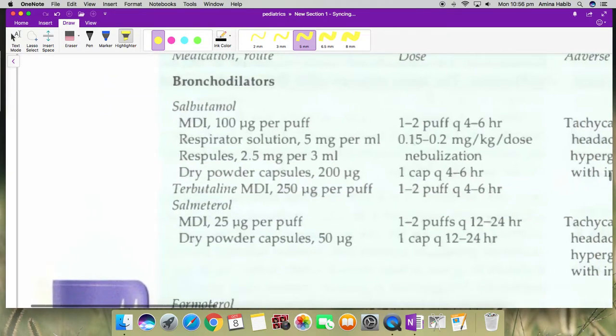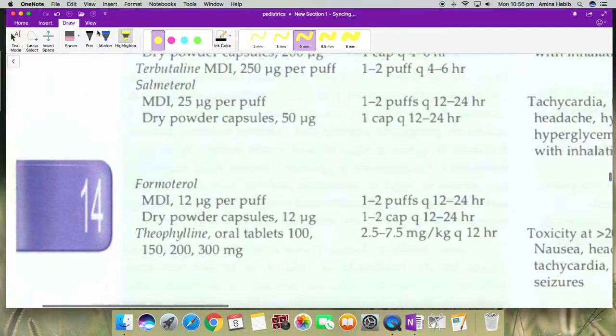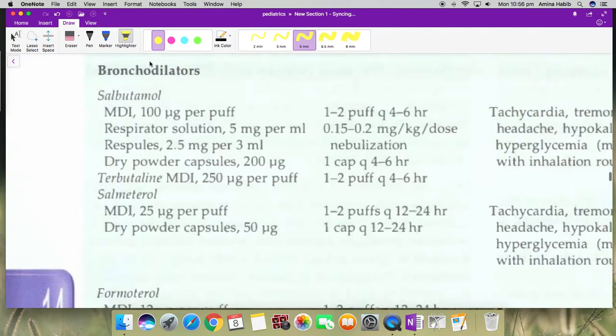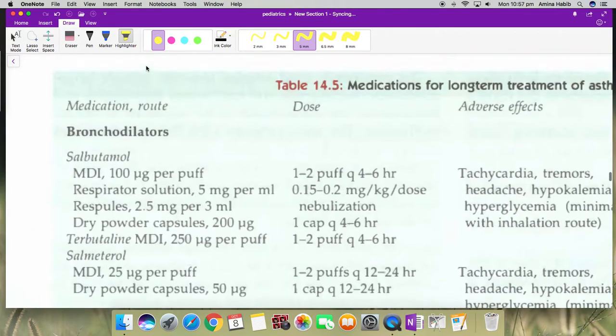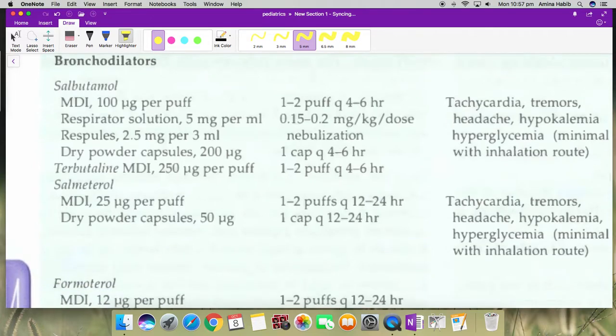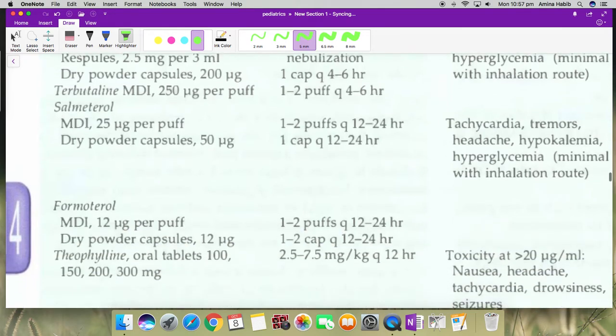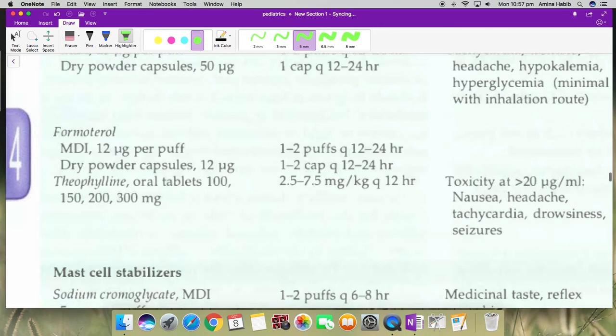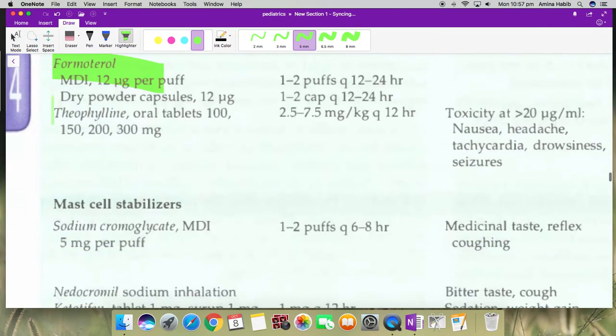Now, next. This is a table. It is actually giving us an idea about the different drugs. Let's have a look at all the drugs first. The drugs we use: salbutamol, terbutaline, salmeterol, formoterol, theophylline.